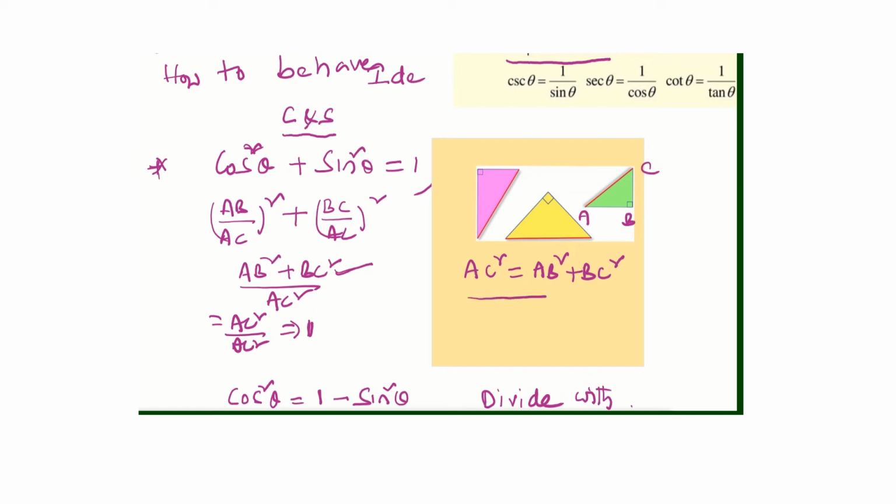This can be replaced by AC squared, so AC squared upon AC squared. Therefore cosine squared plus sine squared equals 1. It is true for every value of theta.